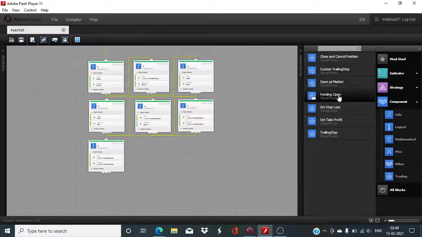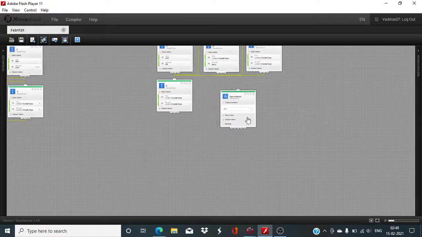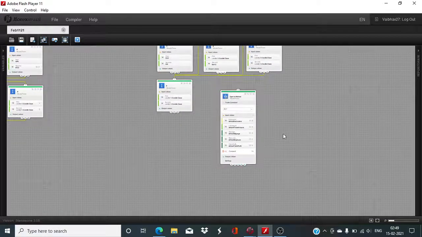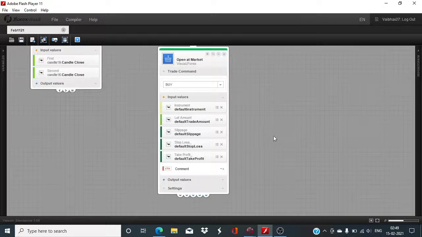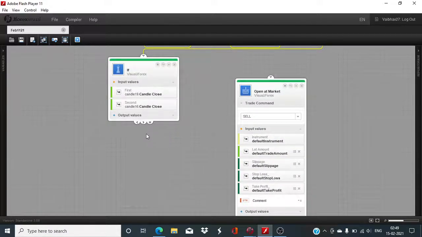Open at market, we will be going for the market execution. So as and when the condition gets fulfilled, the trade will be initiated then and there. This is going to be a sell side trade, and first input less than second input.